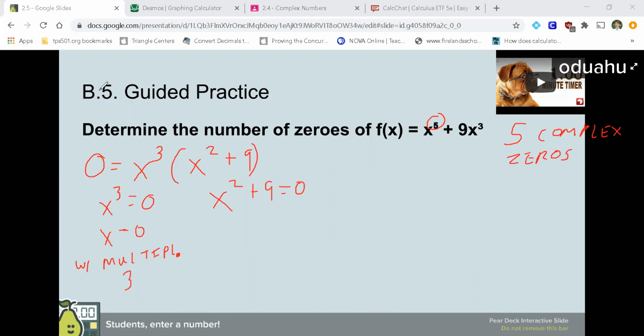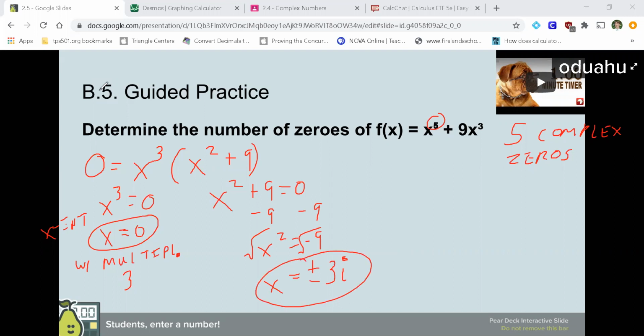And again, this right here is an x-intercept. For my quadratic, I would subtract 9. X squared would equal negative 9. Square root both sides. X would equal plus or minus 3i. And so that gives me my two other zeros, 3i and negative 3i. Those zeros, since they are not real, are not x-intercepts.